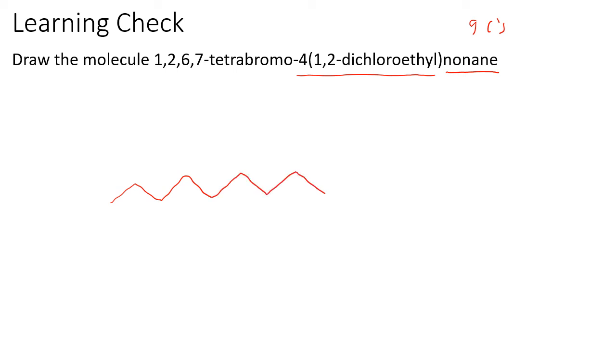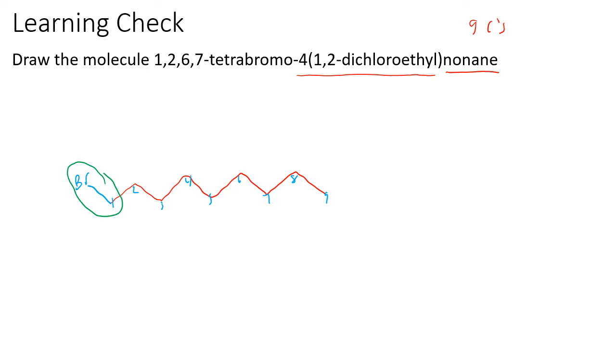And then we'll start with the easy low-hanging fruit, the tetrabromo first. So 1, 2, 3, 4, 5, 6, 7, 8, 9. At position number 1, coming off of 1, we're going to draw a line, and then we're going to draw a bromo group. Now, it looks like I added a carbon because it looks like I made the chain longer, but I didn't. That bond is to bromo there.